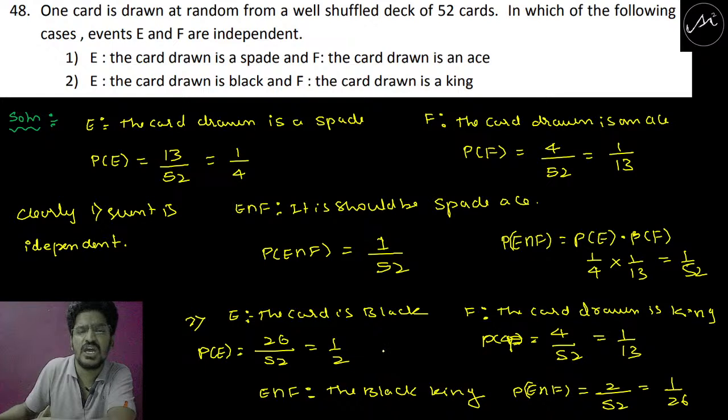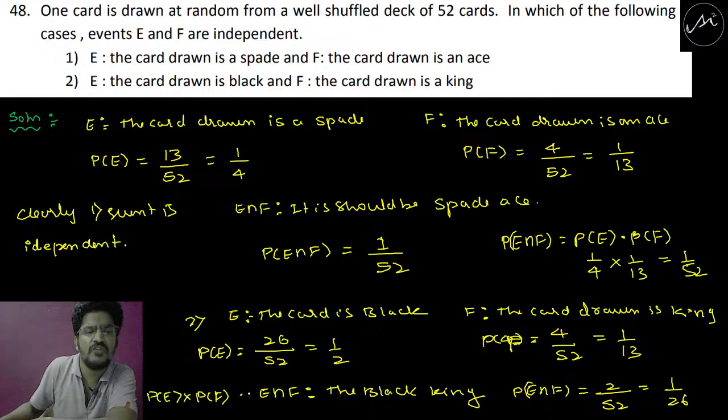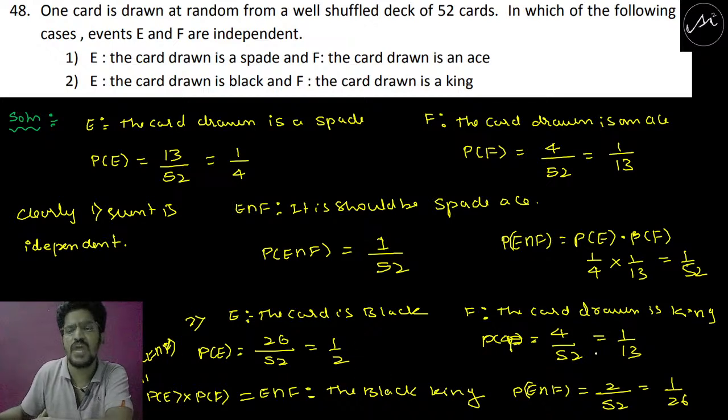You can check here, the probability of E intersection F should equal the probability of E into the probability of F. 1 by 2 into 1 by 13 is 1 by 26. So the probability of E intersection F is 1 by 26, and the probability of E into the probability of F is also 1 by 26.